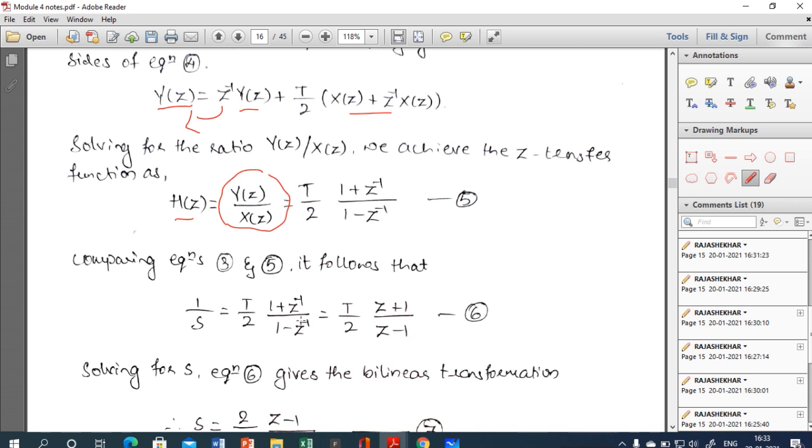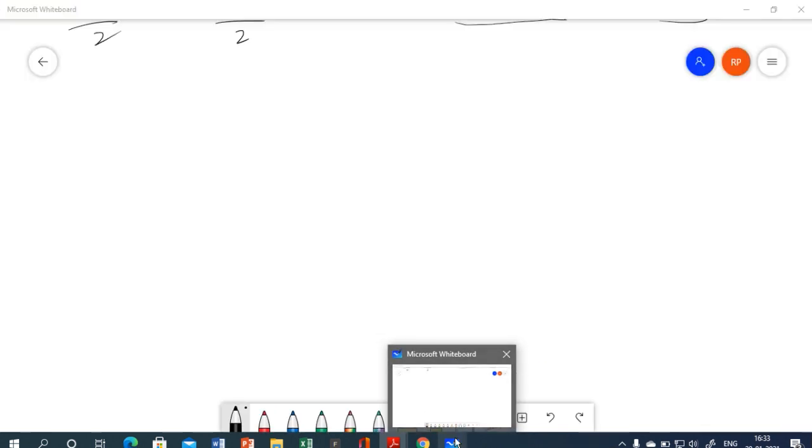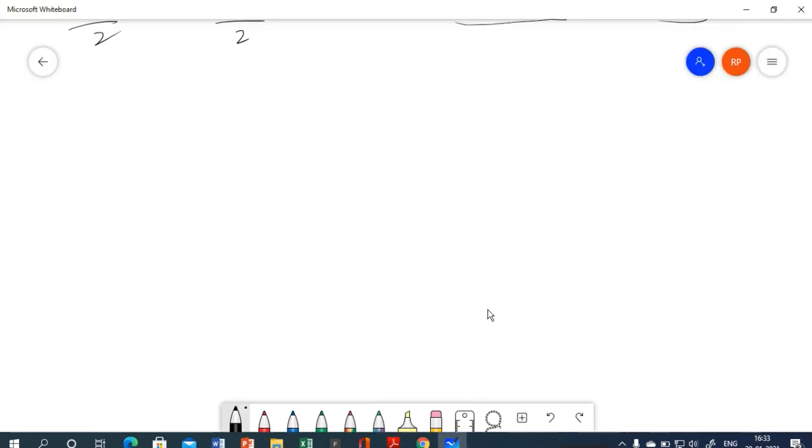If I simplify this again, I will show you how to write it. You can write 1 by s equals 2 by t into the bracket of 1 plus z to the power minus 1 divided by 1 minus z to the power minus 1.